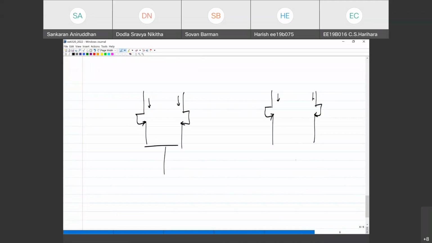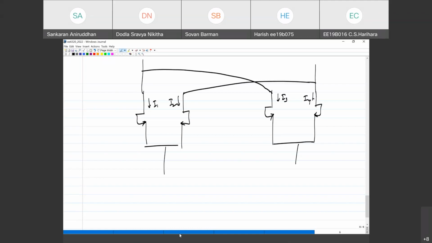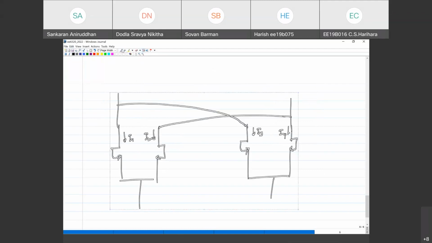Yes, sir. So you will not see that effect because, first of all, I1, I2, I3, I4. What is the impedance looking downwards here? It's very high, right?